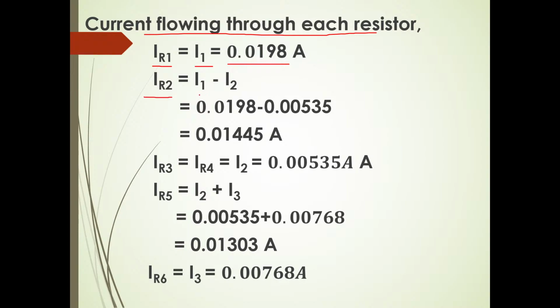Current flowing through R2 is the differential current, that is I1 minus I2. So I1 value, what did you get? 0.0198 minus, what is I2 value that you have got? 0.00535. So you just subtract these two, you will get 0.01445 amperes.